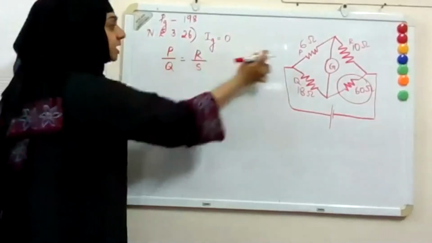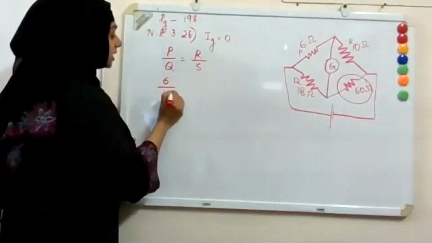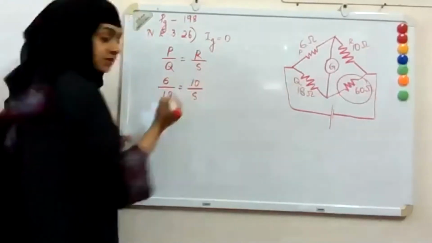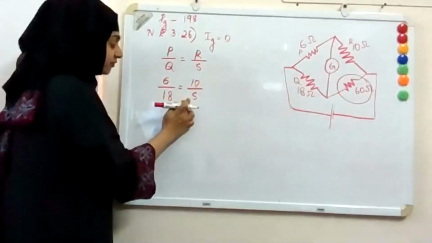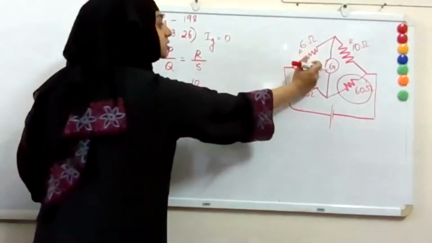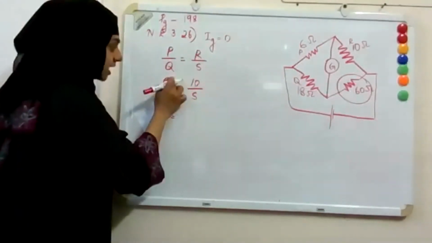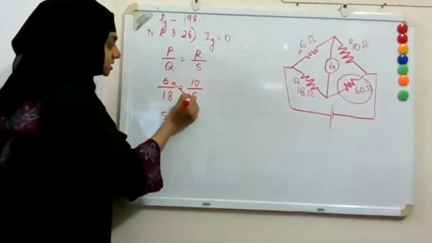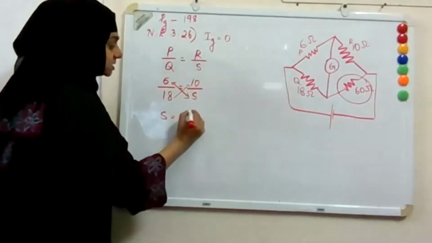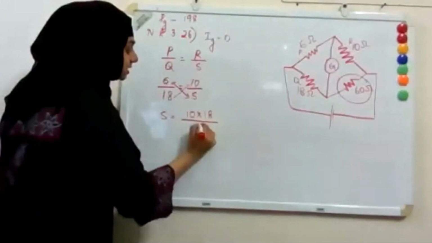Okay. So for P, let me substitute 6, Q is 18, R is 10, so 6 by 18 is equal to 10 by S. So we have to find what should be the resistance there in order to bring the circuit to equilibrium. So S is equal to 10 times 18 divided by 6.